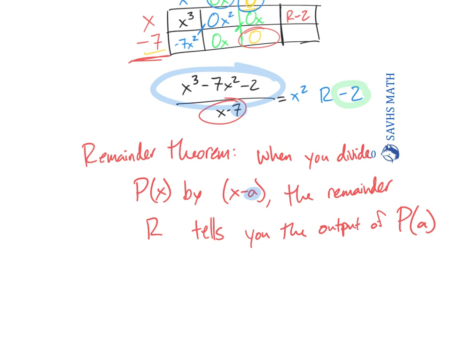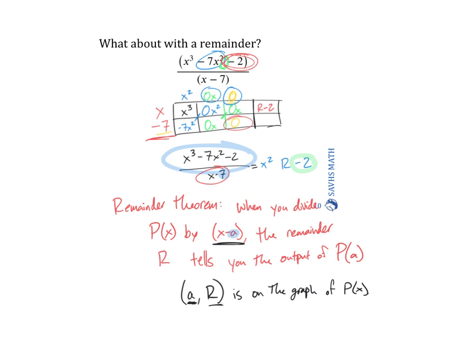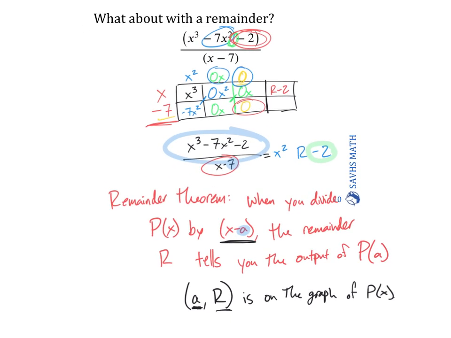I guess I should say it this way: the point a, remainder is on the graph of P of X. So if you want to find a value for the polynomial at a certain X value, you can divide by its factor and use that to get the remainder. When you get the remainder, that's the output of the value of the polynomial at that point. It's not a super useful piece of information, and I'm not really going to be asking you questions about it, but I thought that it might be helpful for you to know.